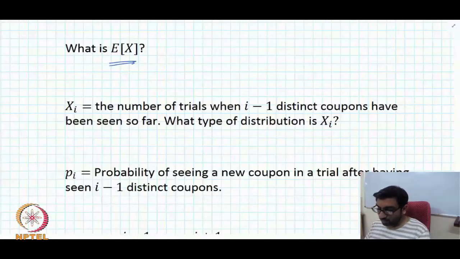What type of distribution is Xi? If you've seen i minus 1 coupons so far, you pick a coupon. If it's a new coupon that you've never seen before, it's a success, and that phase is already over. But if it's a coupon that you've already seen before, then that's a wasted trial, and you have to repeat again. So if you think about it, this is nothing but the geometric distribution.